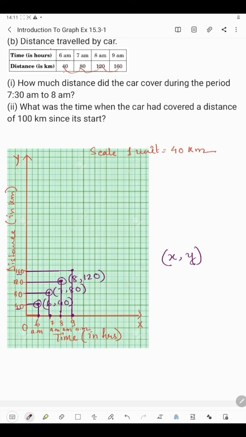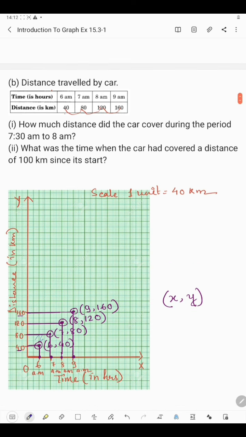Here two lines meet, this and this line meet over here. So here is the coordinate 9, 160. Here 9 is the value of x and 160 is the value of y. Now we will join all the points to get the graph. So this is the graph. We have joined all the points.